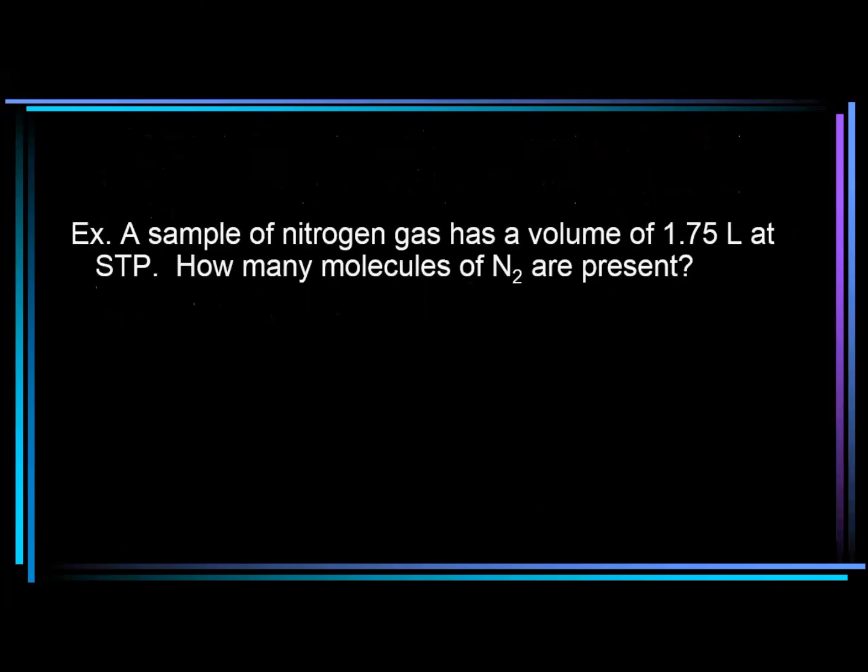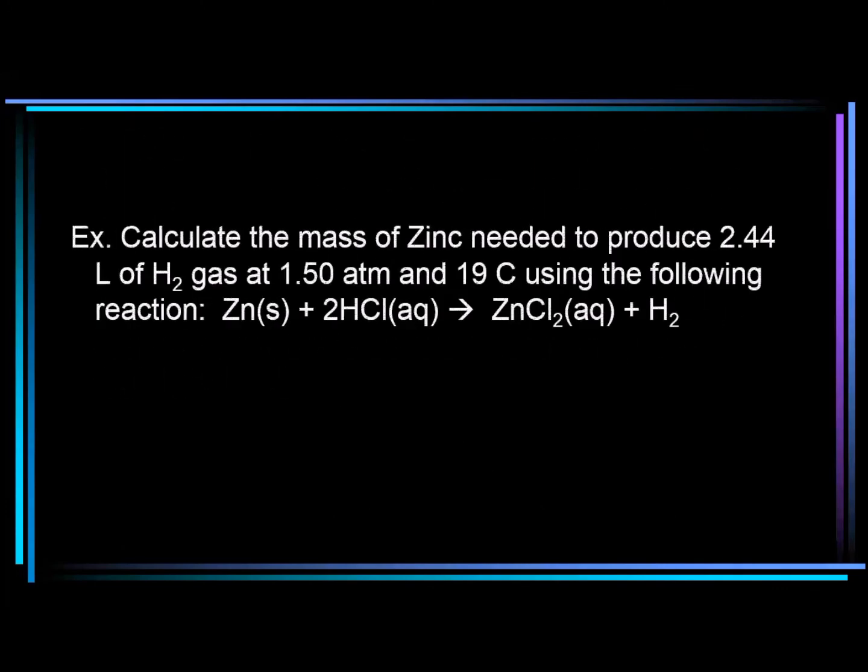Okay, so the last few questions in your study guide, in your worksheet, is kind of like this one, where I give you the volume of a gas at certain conditions and ask you to convert to mass. That is a liter, not at STP, to mass.